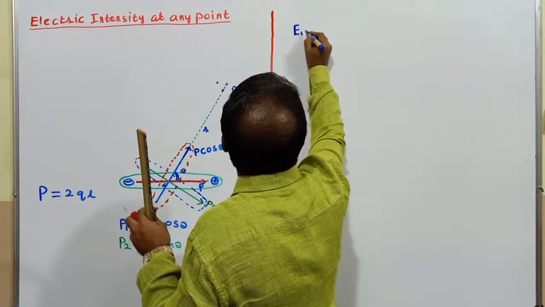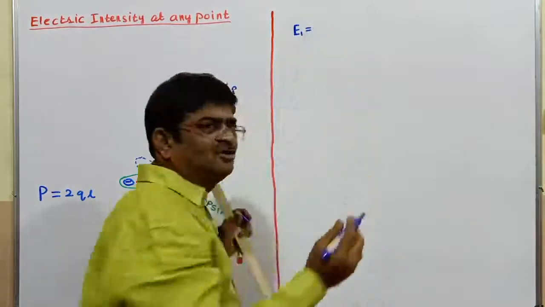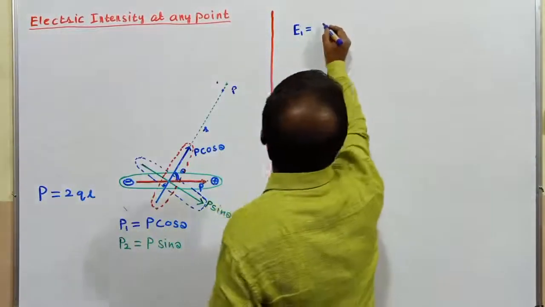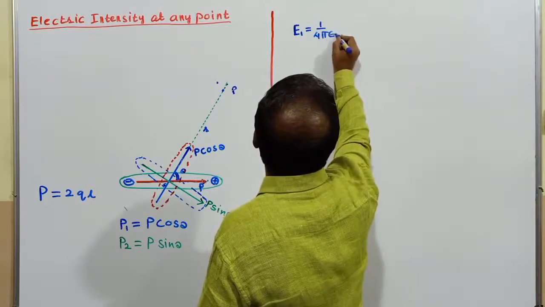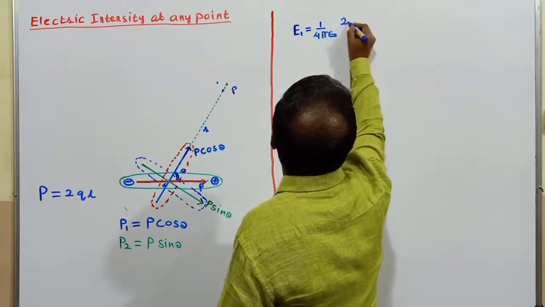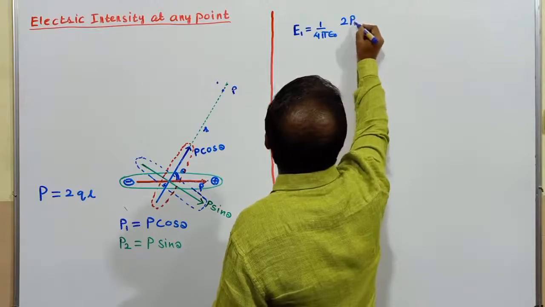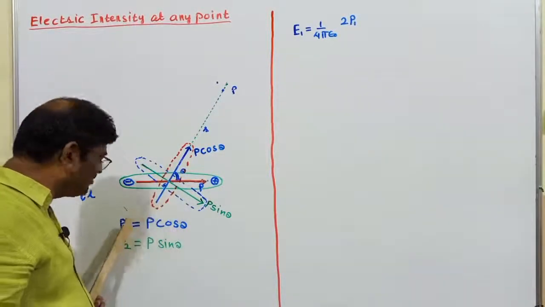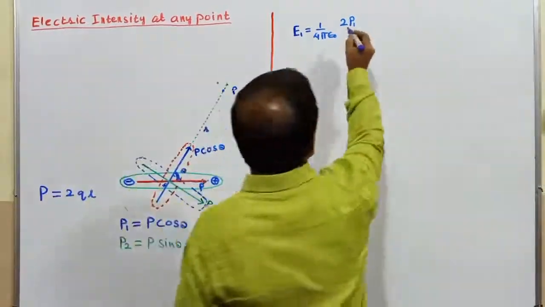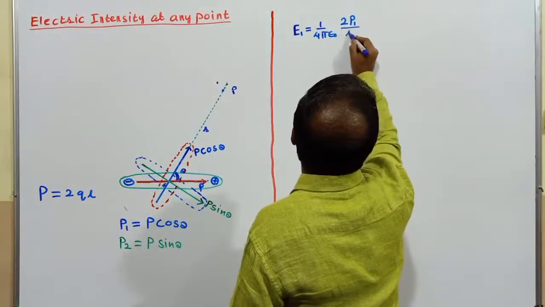E1 equals, due to a short dipole you know, 1 upon 4 pi epsilon 0, for axial line to P1 I am writing, because I have this as the first dipole of moment P1, divided by R cube.